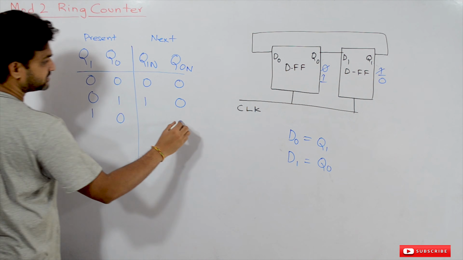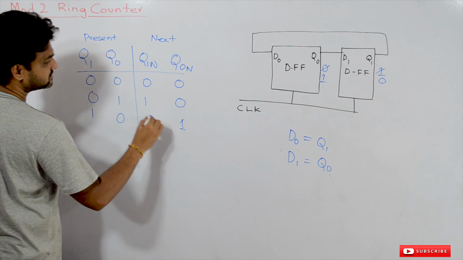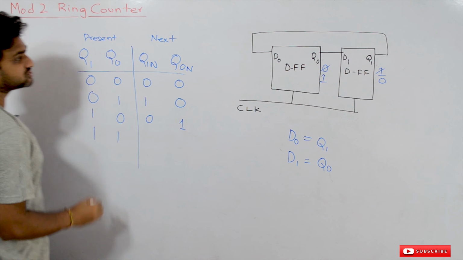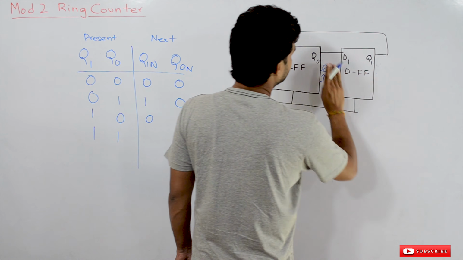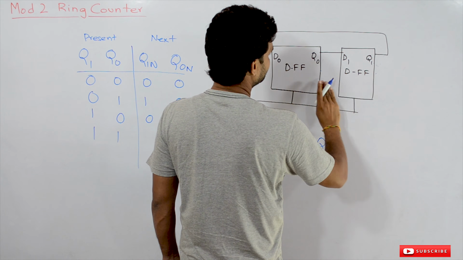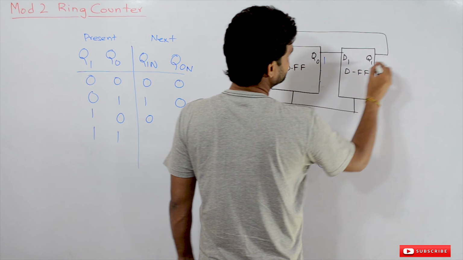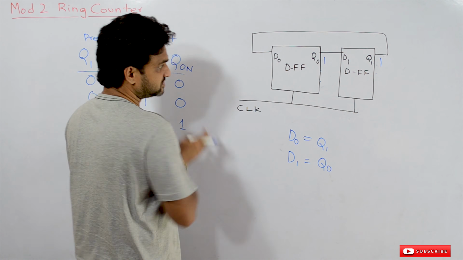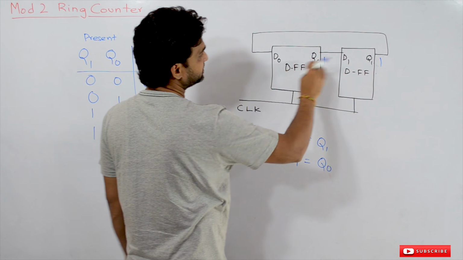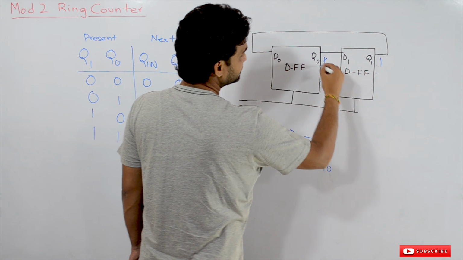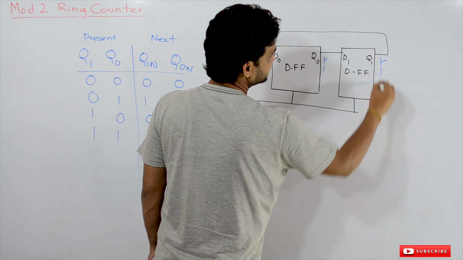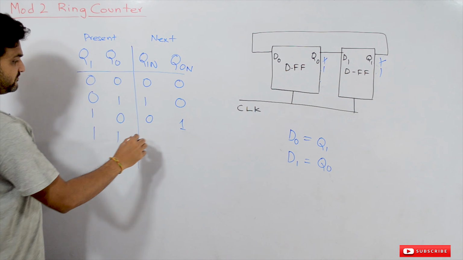So it is going to be 1, 0. Whenever the present states are 1, 1, the clock is provided, this one will come here and this one will go there, so it remains the same, but the positions change. It is going to be 1, 1.